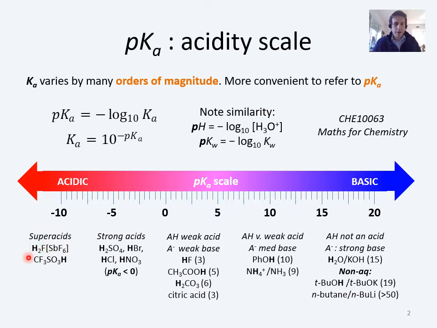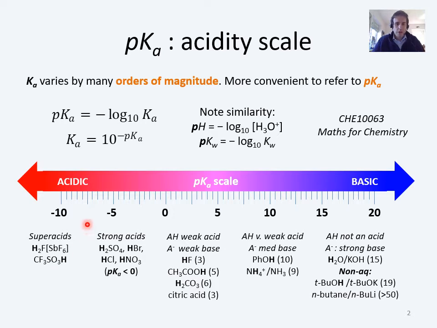For example, sulfuric acid has been tuned: you've had a CF3 group put in place of one of the OHs, and in doing that it's made this proton much more able to dissociate than it is in straight sulfuric acid. We'll talk about that when we start talking about oxoacids later on in the course. But superacids are the strongest acids that are known, and these are often the subject of industrial research.